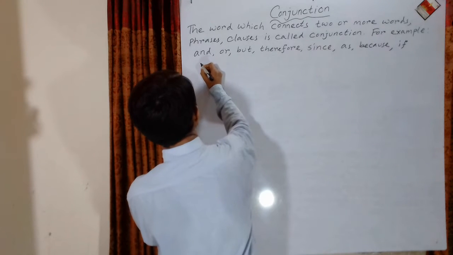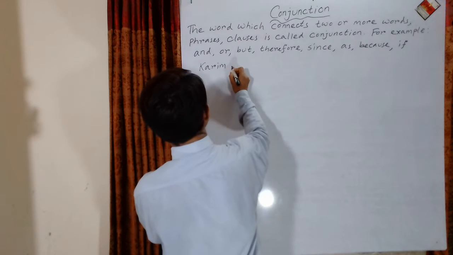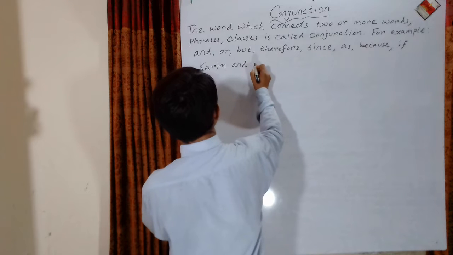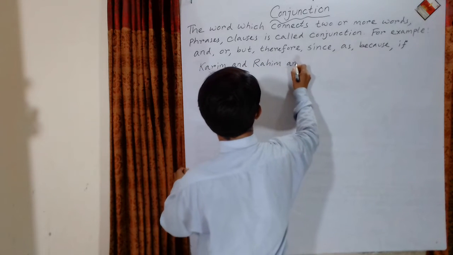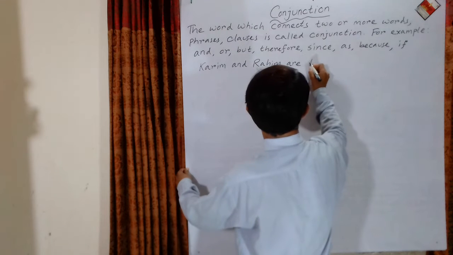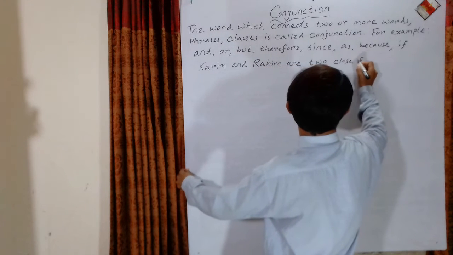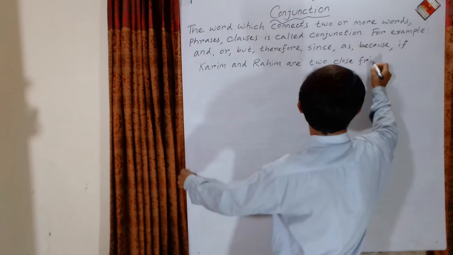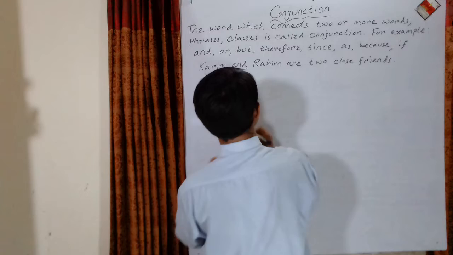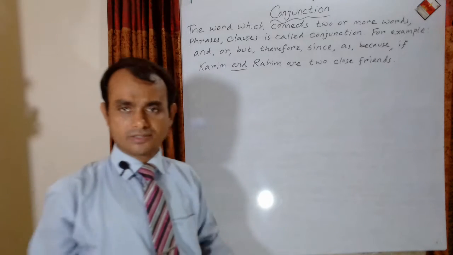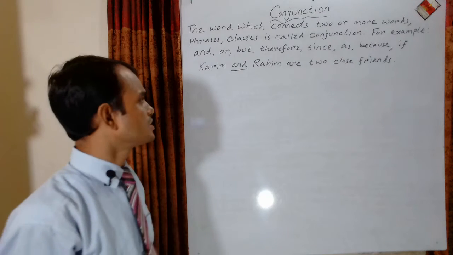Okay, if I would like to write through sentences, what would it be like? Karim and Rahim are two close friends. Dear students, I have already written one sentence to give the example.